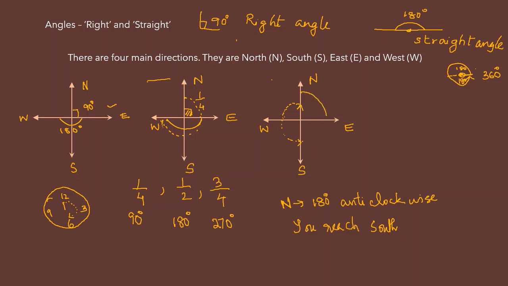And if I am taking 90-degree anti-clockwise, then you will be reaching west. Do you follow me? Yes. So 90-degree clockwise it is to east and 90-degree anti-clockwise it is to west. These are the things you should be understanding.